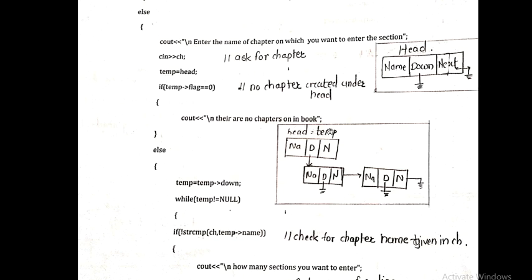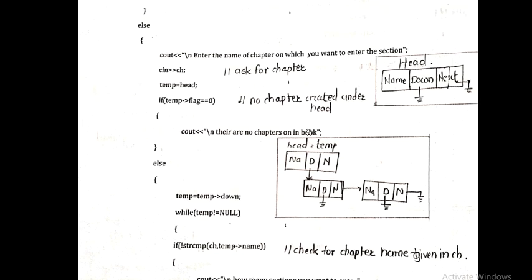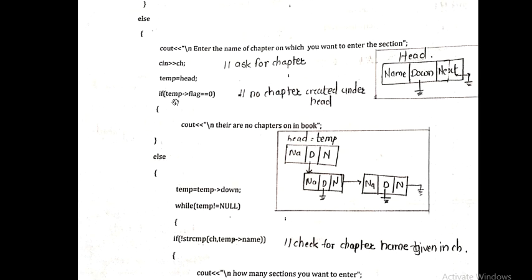This is your head node. Now the head node we are calling a temp node. Then I am checking whether temp of flag is equal to 0, meaning if the flag of that temp variable or temp node or head node is 0, no chapters are available for that book, and as there are no chapters available, we cannot have sections under the chapter, because to include a section the chapter should be available, right?